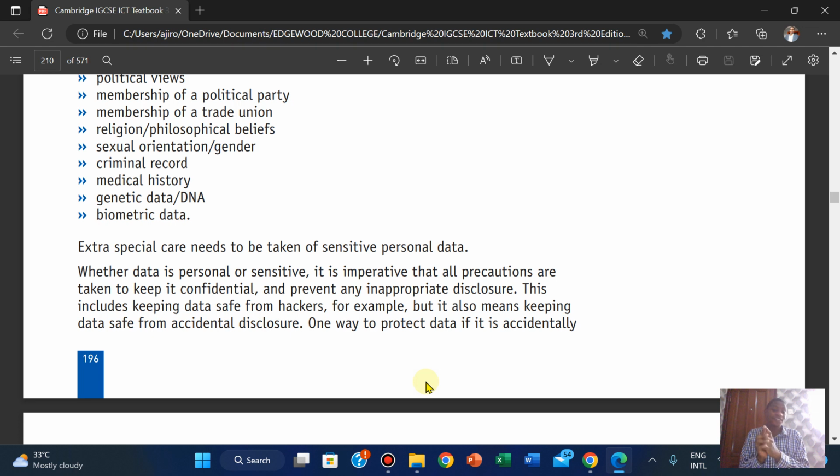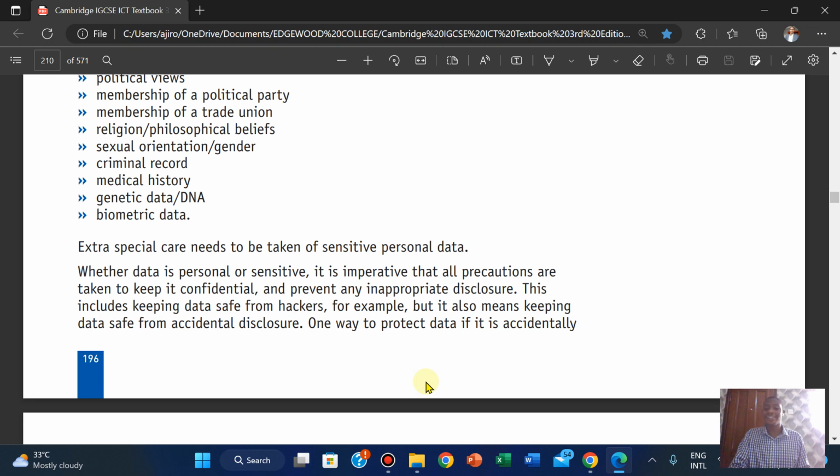Whether data is personal or sensitive, it is imperative that all precautions are taken to keep it confidential and prevent any inappropriate disclosure. This includes protecting personal data from hackers, and it also means keeping data safe from accidental disclosure.